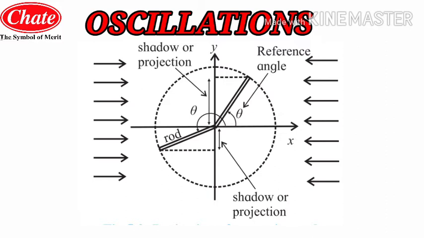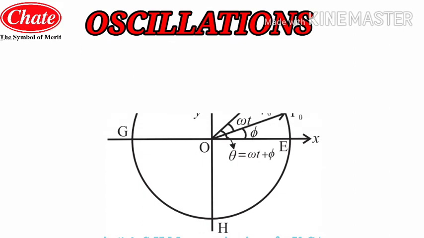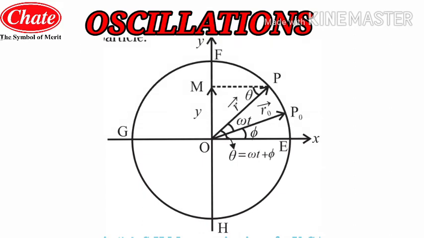After that, the second part we have learned is shown in the diagram popping on your screen: SHM as projection of UCM.